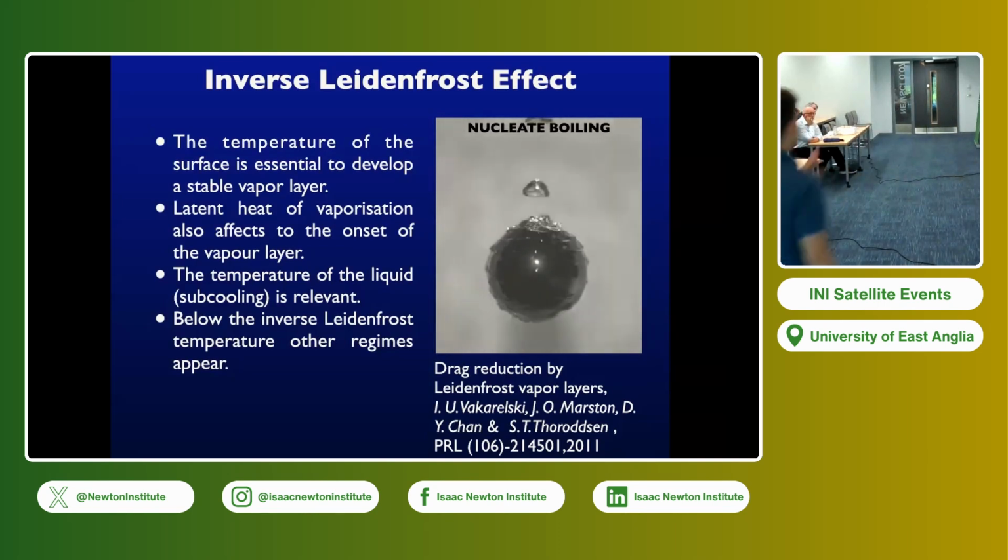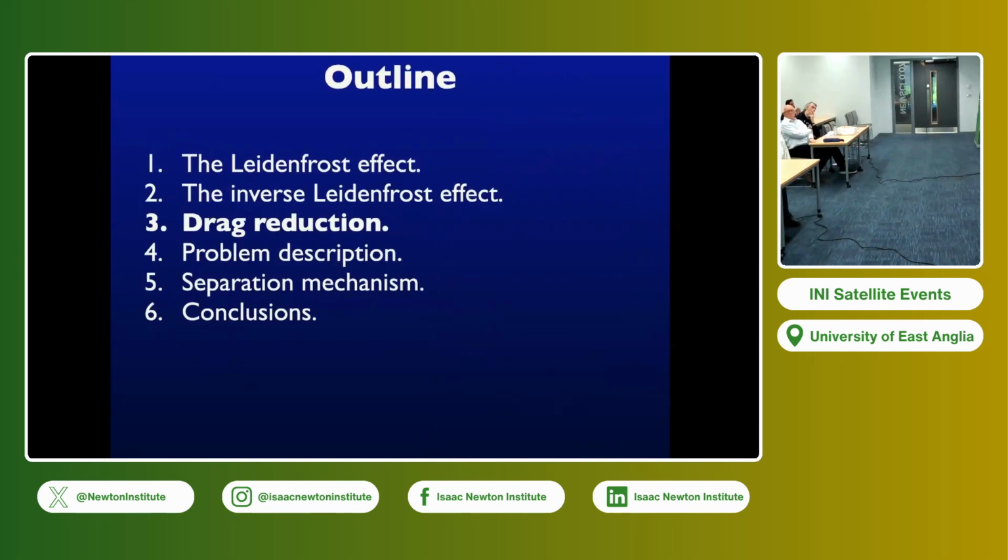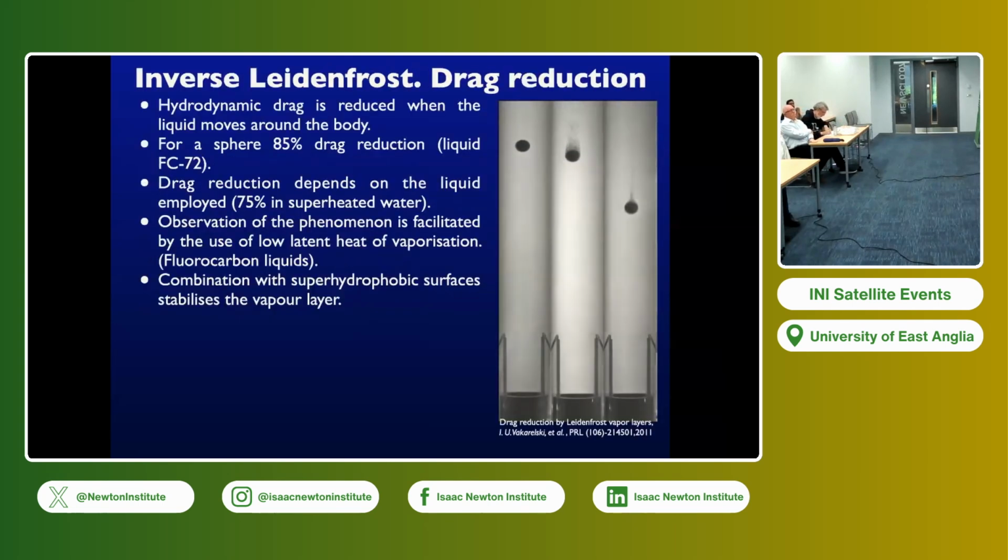In all these cases, in the two videos that I have shown before, the liquid was at rest. But what happens when we allow the sphere to fall? In this case, the vapor layer developed around the sphere acts as a thin lubricating layer and allows the sphere to fall much faster than in the absence of any vapor layer.